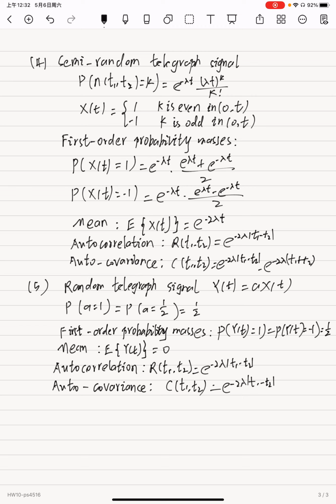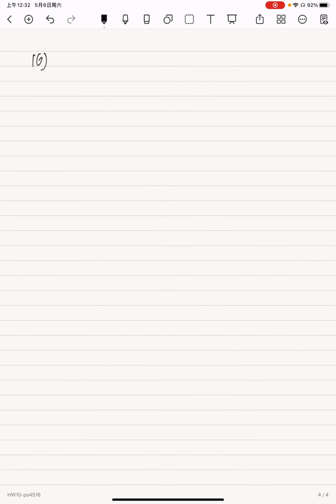Okay. And the next one is the random walk. Toss a fair coin n times. K is the number of heads in n tosses, and X(nT) equals Ks minus (n minus K) multiplied by s, which equals (2K minus n) multiplied by s.